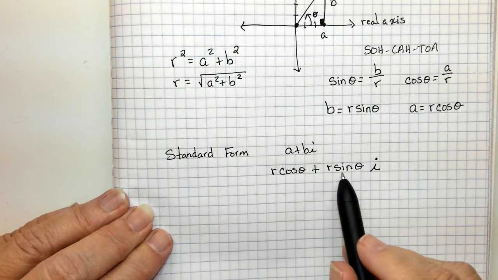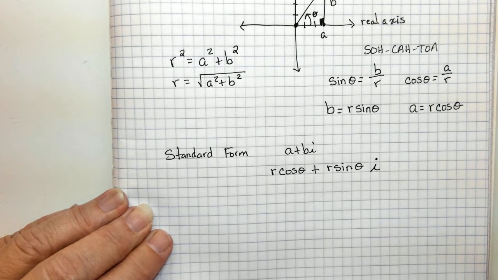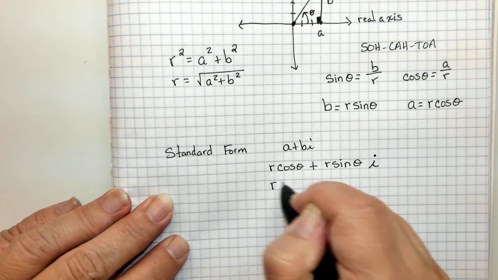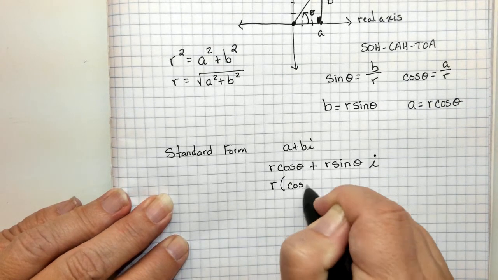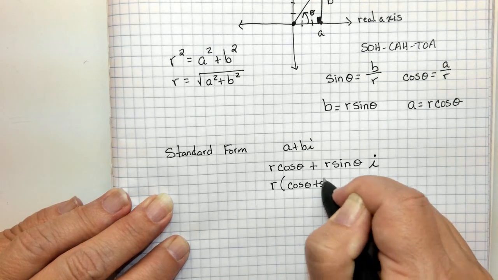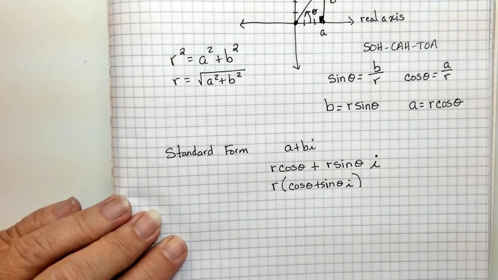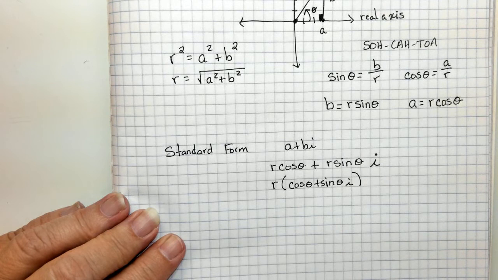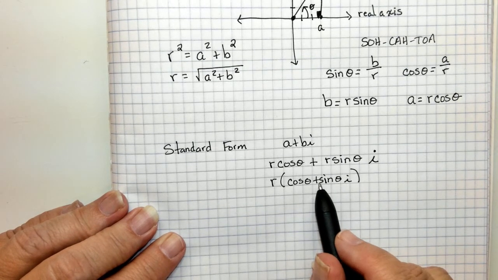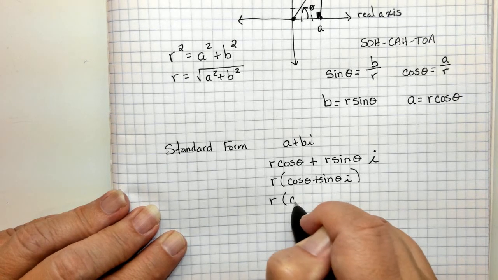But I'm only taking the sine of theta. I'm not taking the sine of the i part. So from here I'm going to factor out an r. And then what we typically do is we take the i and we multiply it in front of sine theta instead of being in the back side.